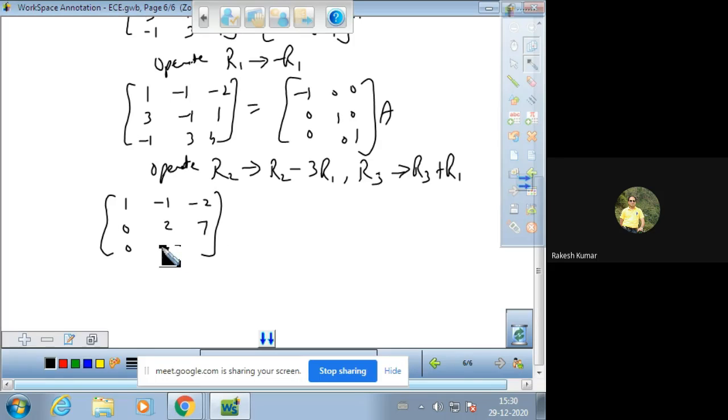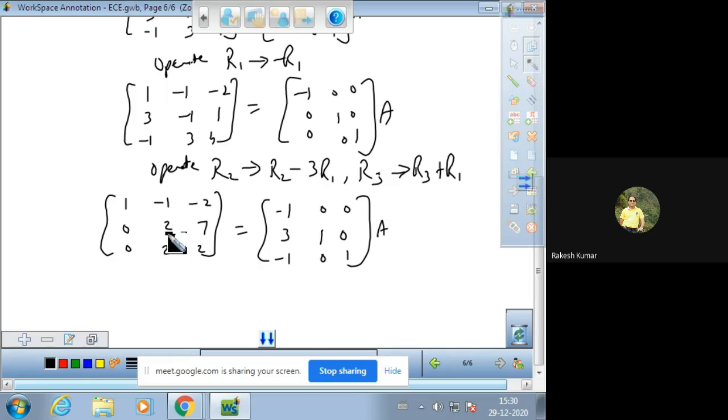Similarly, this will be 0, 2, and 2 also. And on the right hand side, you will get -1 0 0, this is 3, 1, 0, and this is -1 0 1, into A as it is.